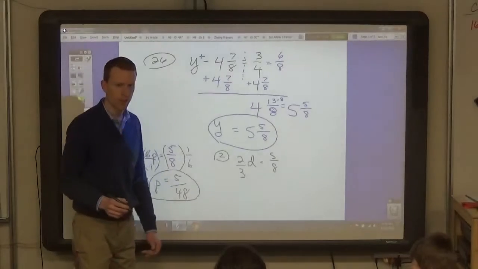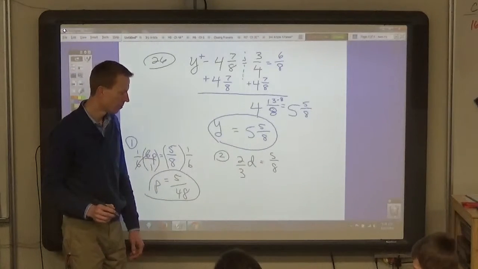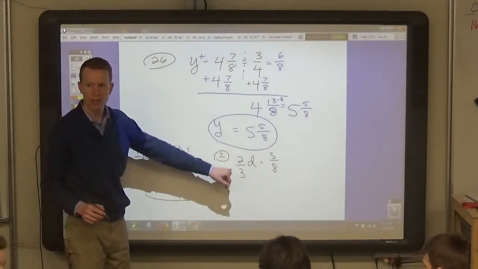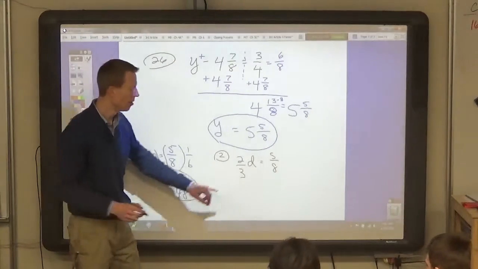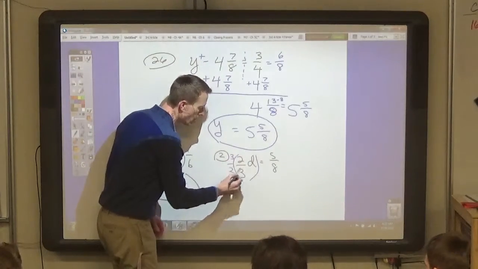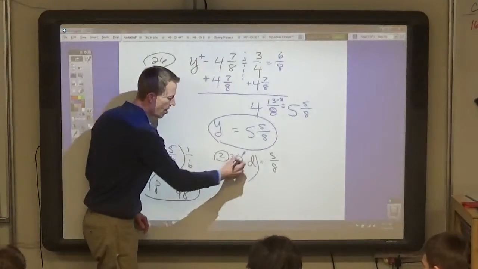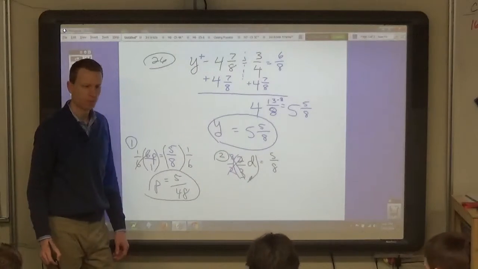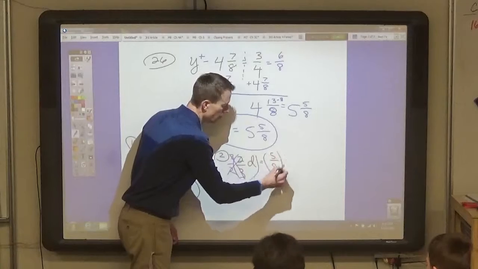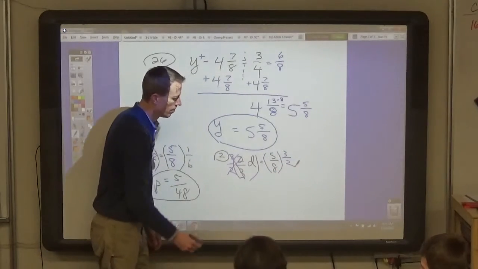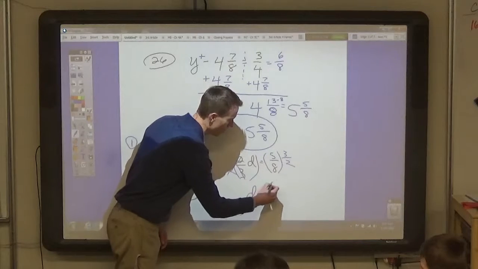Gracie, how do we solve this one? 3 over 2. Quiet, please. Where do we get the 3 over 2 from? The reciprocal of 2/3. Cross off those. Then you put 3 over 2 next to that, and then multiply. And that's 15/16. So that's the answer.